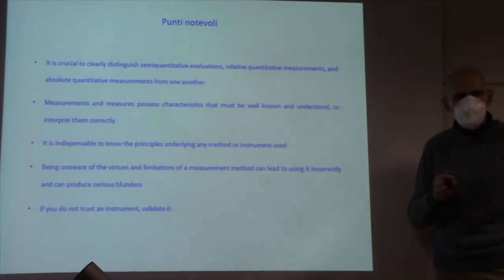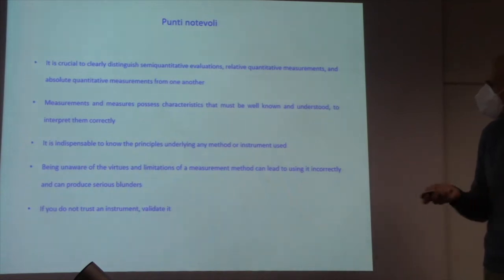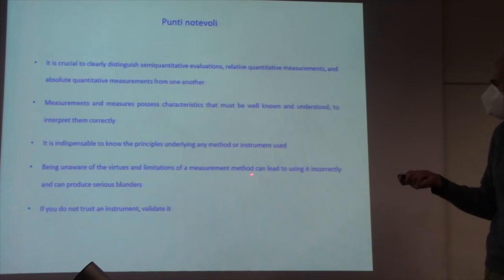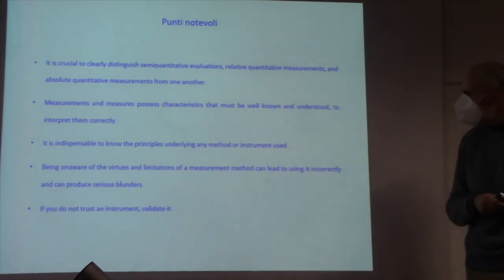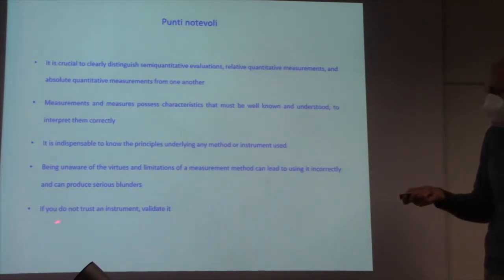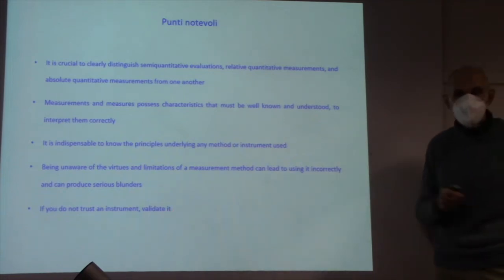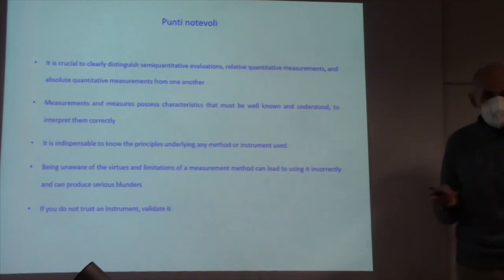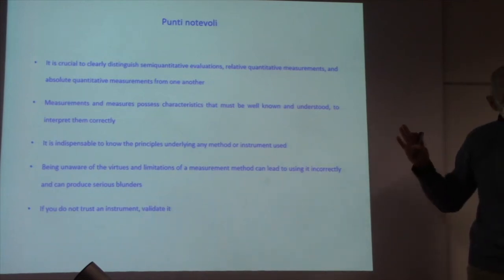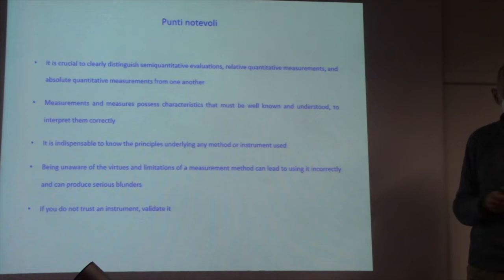Never use, like Cheng did, an instrument, a tool, without knowing what it does. Being unaware of the virtues and limitations of a measurement method can lead to using it incorrectly and can produce serious blunders, errors. And finally, if you do not trust an instrument, hold it, which is what Sarah did. She didn't trust people. She was right. At least in her situation, it wasn't the right method.